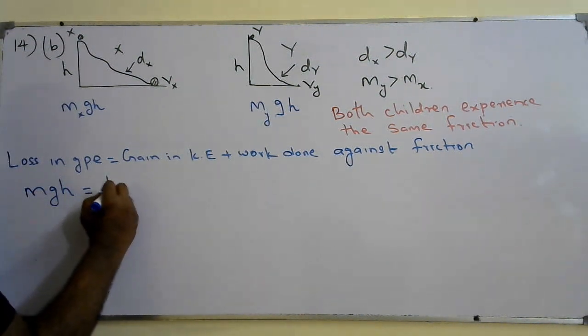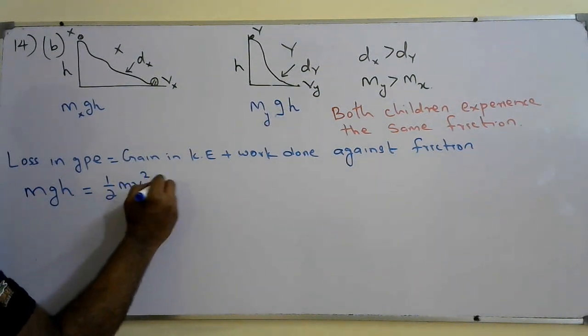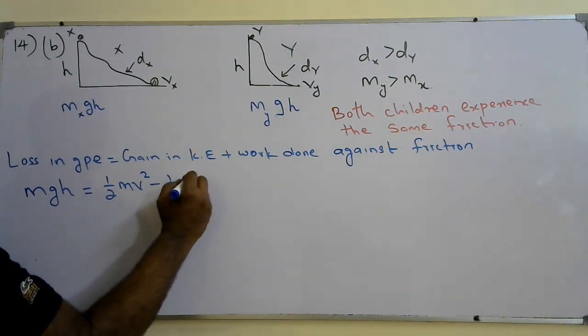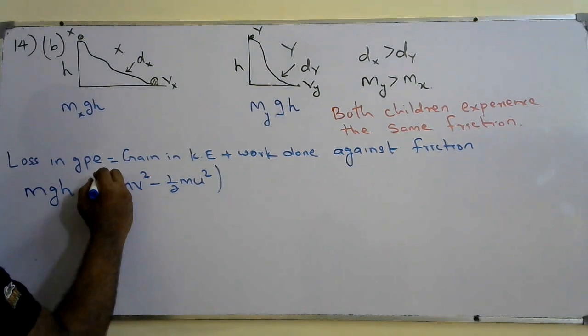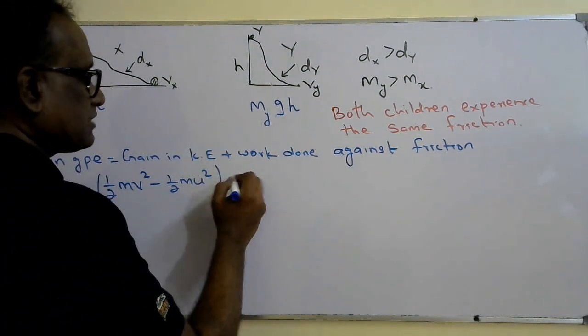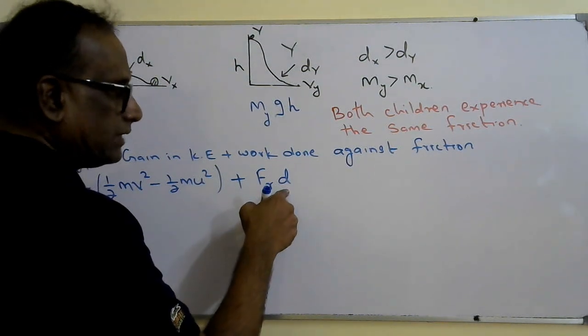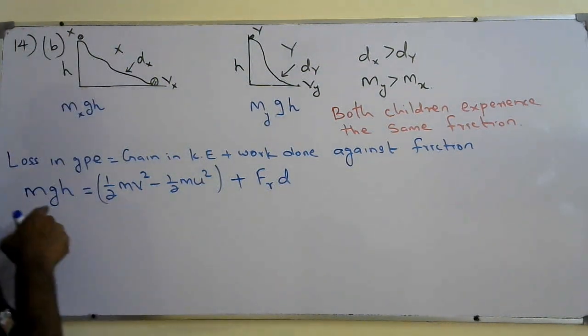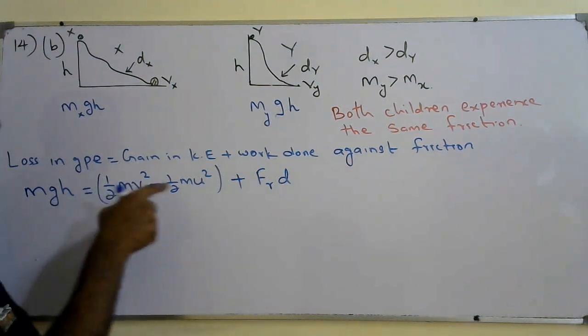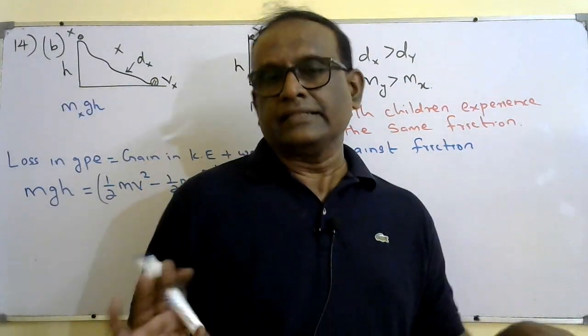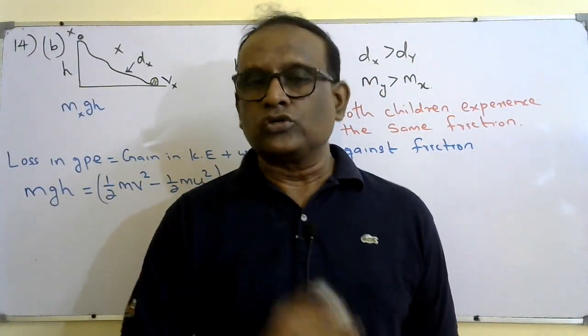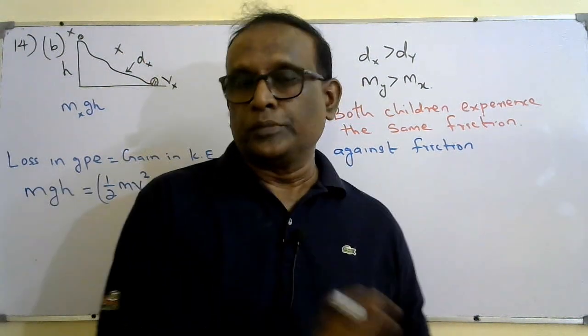gain in KE, half mv squared minus half mu squared, but u is 0. Work done against friction, friction force times d. I am writing d generally. I didn't put dx, dy, and I didn't put the masses mx or my. Generally I am writing. Then we'll think separately about what the outcome could be, what the speed could finally be.